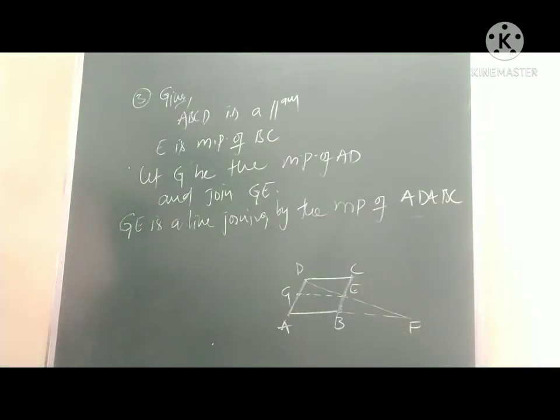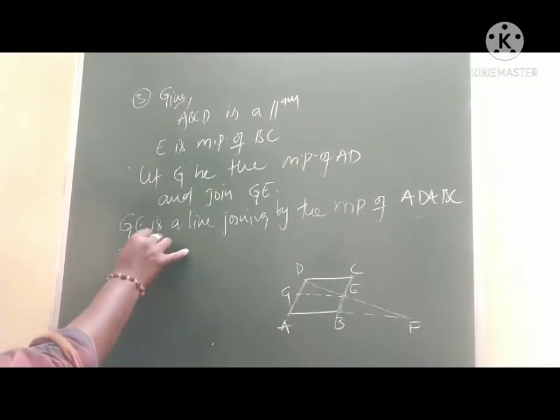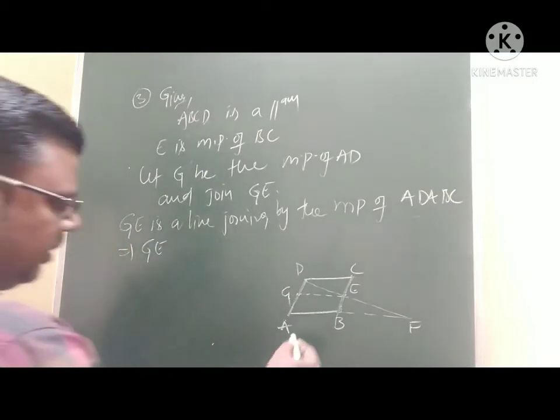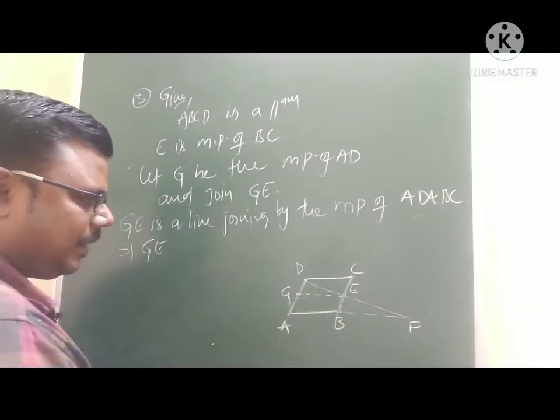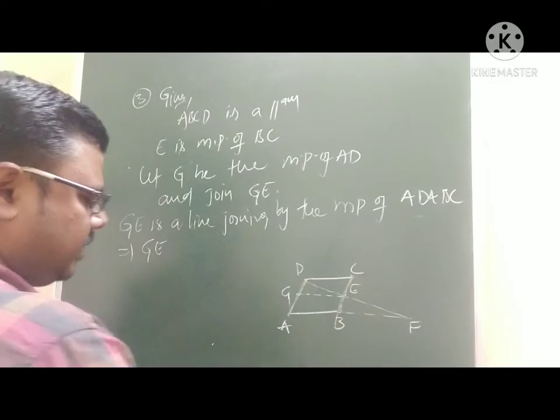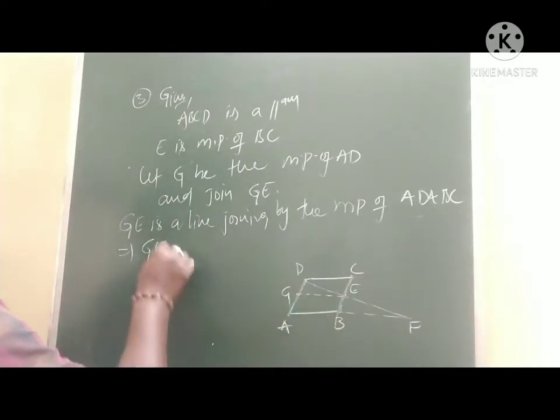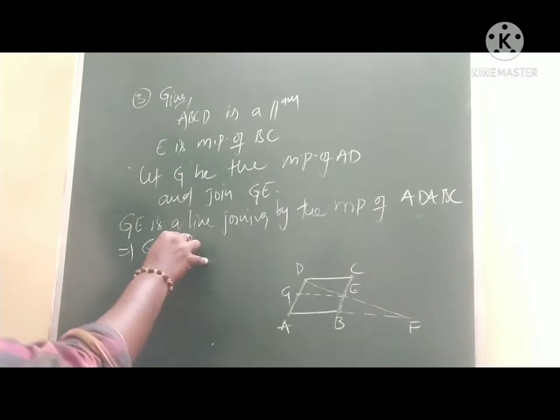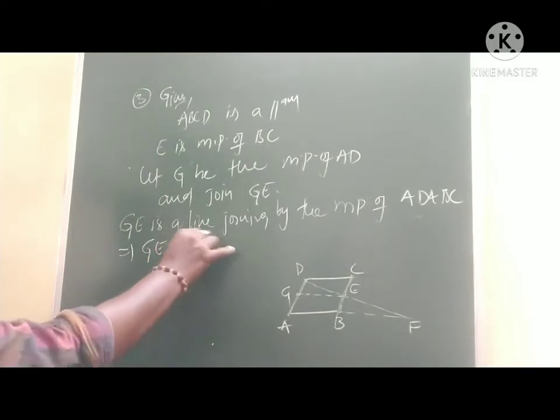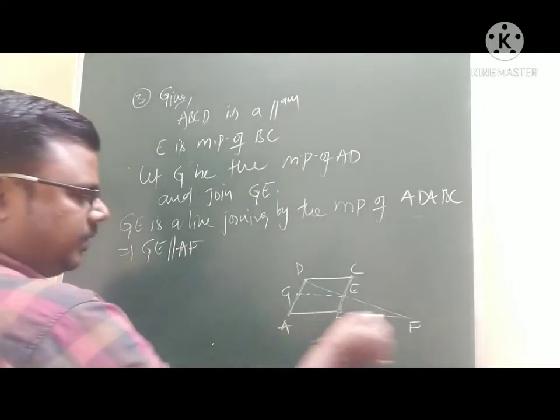So here GE will be parallel to, because in a parallelogram we know that opposite sides are parallel and equal. So already AB will be parallel to DC. At the same time GE will become parallel to AF. Okay, as F is the extension of AB only, no?